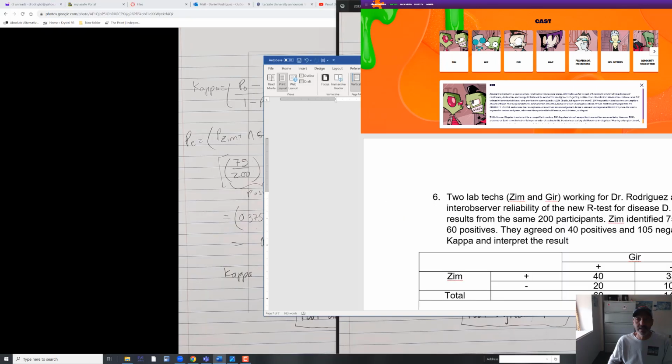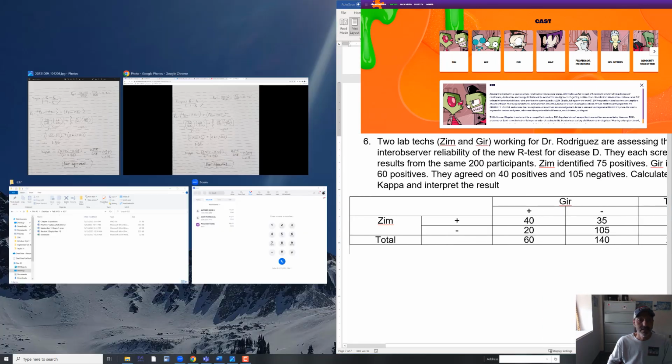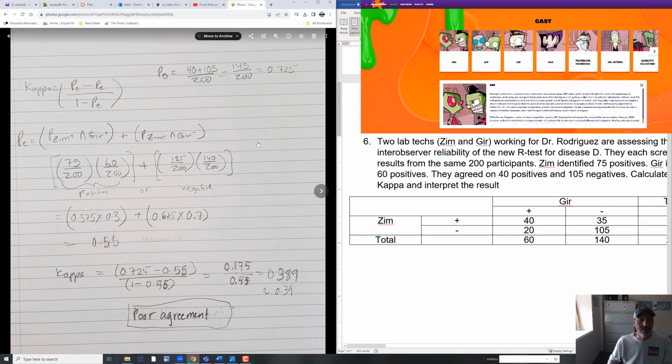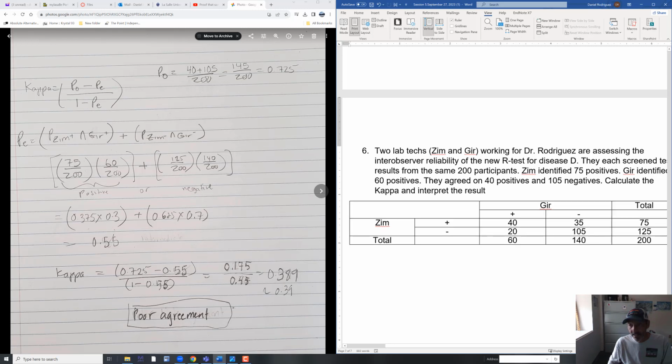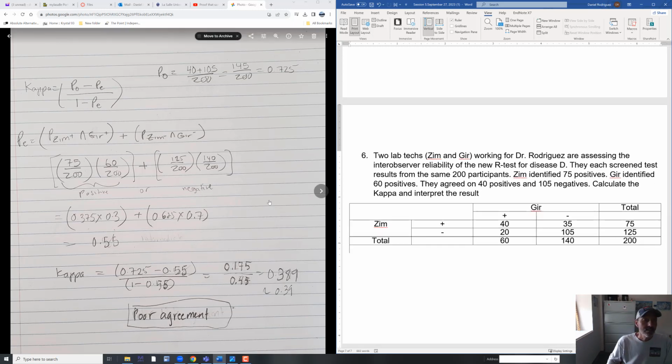So let's split the screen up here, so we can have our results side by side. I'll shrink this a little bit to make it fit the screen. All right, so here's our kappa equation: the proportion observed minus the proportion expected, divided by 1 minus the proportion expected.